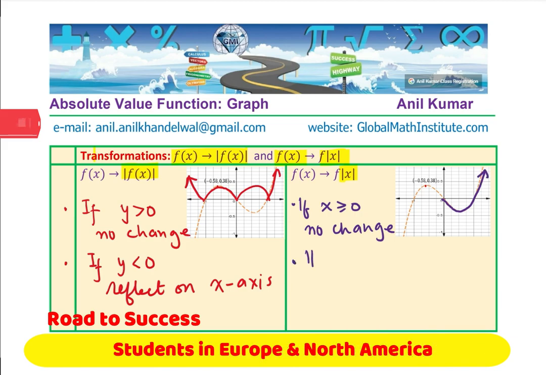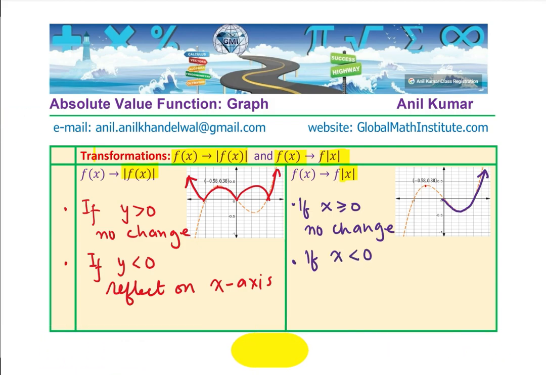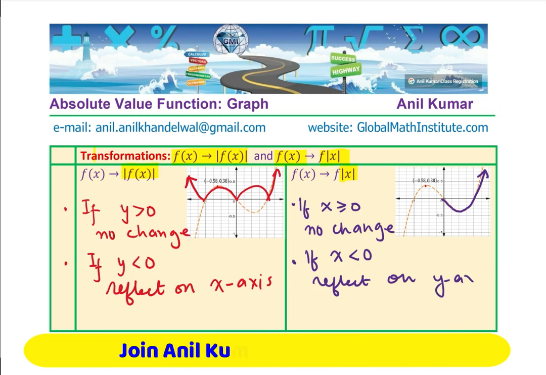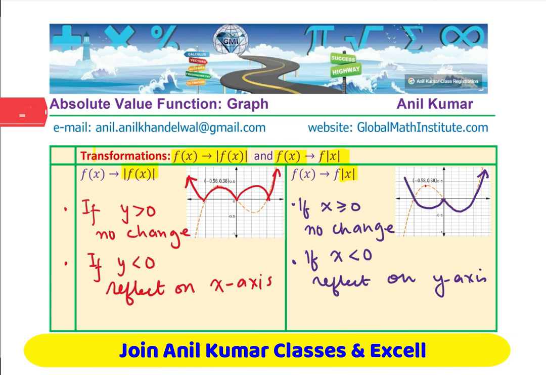Second, if x is less than 0, then reflect on y-axis. So we reflect this on y-axis and we get this graph. You see that? Correct? So that is what we mean to say. And that is how you could summarize these learnings. Perfect? So I hope it is absolutely clear.